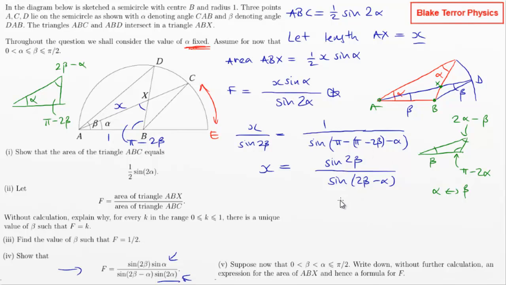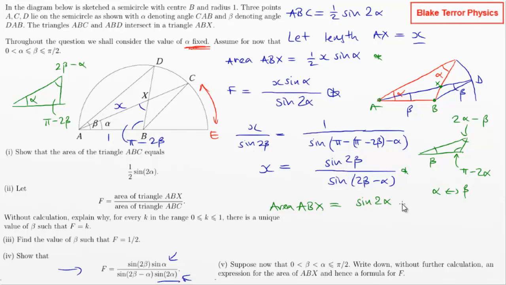So we just need to go to our area for ABX. So ABX now is going to be this thing with that thing put in it. So, right, okay, write this thing out.